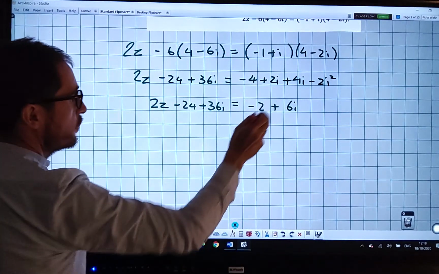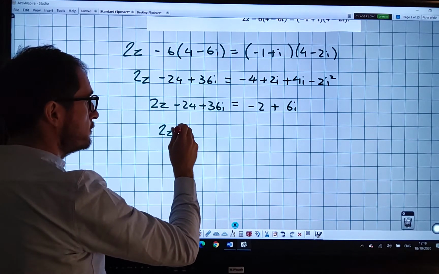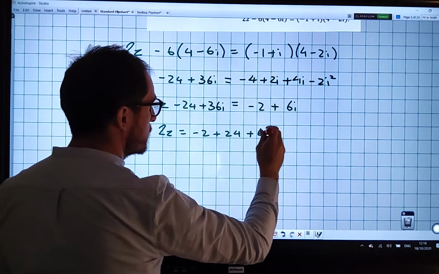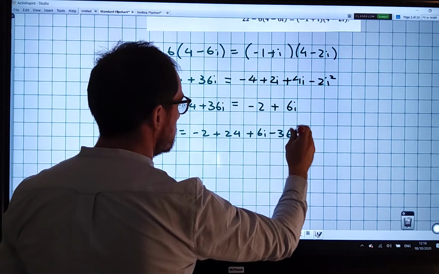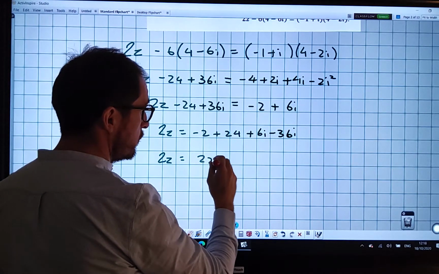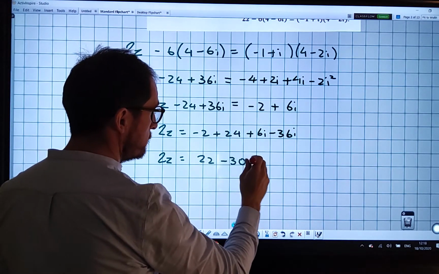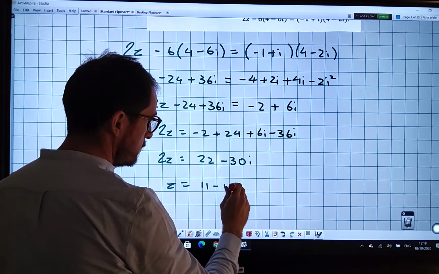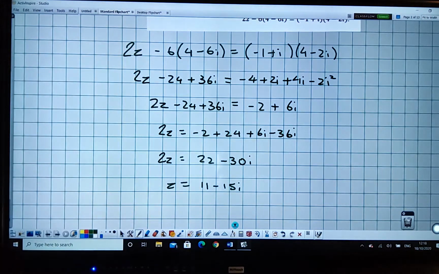So we're going to bring the 24 and the 36i to the other side. Plus 6i minus 36i. So 2z is equal to 22 minus 30i. So divided by 2, 11 minus 15i. And that was that question there.